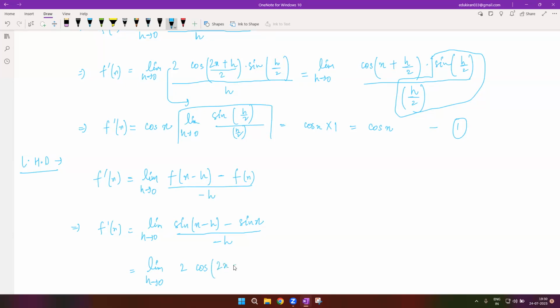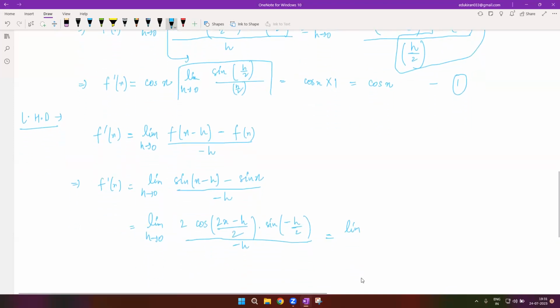So this becomes 2 cos of (2x minus h) by 2 if I add both of them, and then sine of minus h by 2 if I subtract them, divided by minus h. Now you know the formula, you know the procedure. We will simply solve this just like we solved the first part.